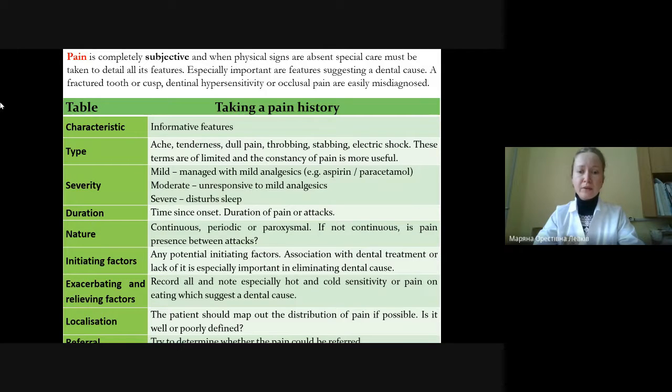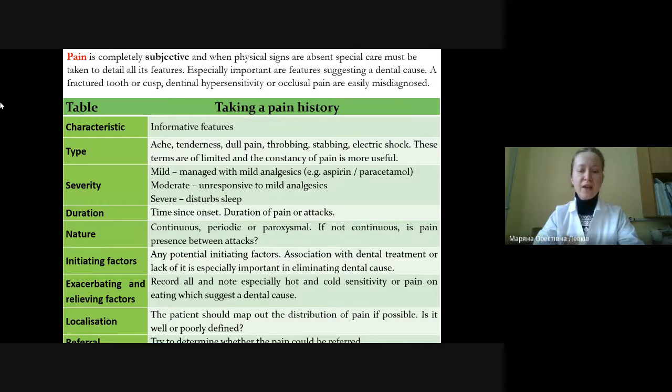Severity of pain can be mild, meaning managed with mild analgesics; moderate, unresponsive to mild analgesics; and severe, that which disturbs sleep. Duration of pain: time since onset, duration of pain or attacks. Nature: continuous, periodic, paroxysmal. If not continuous, is pain present between attacks?